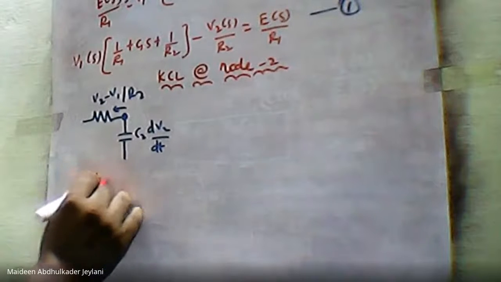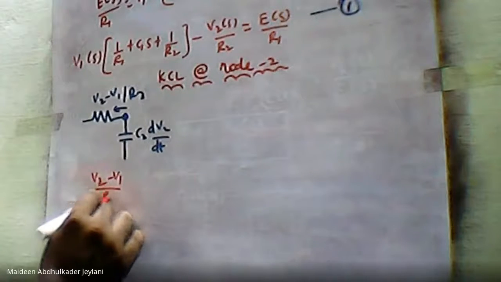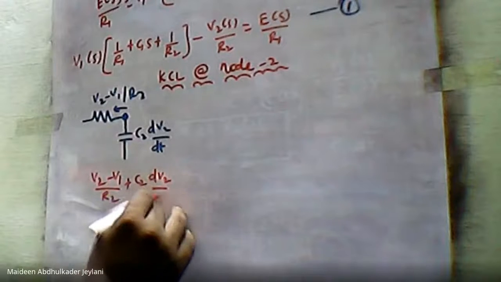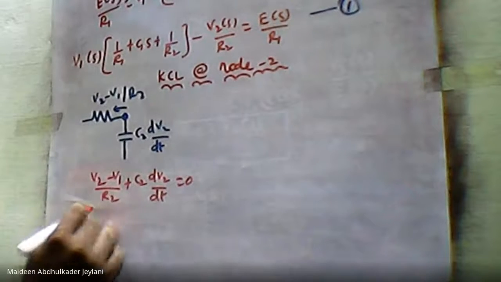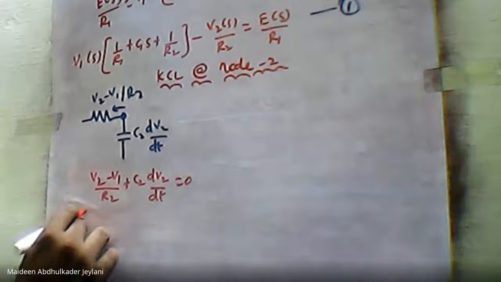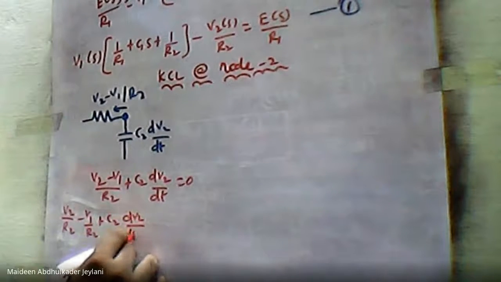So V2 minus V1 divided by R2 plus C2 into dV2 divided by dt equal to 0. Can rewrite this equation. V2 by R2 minus V1 by R2 plus C2 into dV2 divided by dt equal to 0. Take a Laplace transform.